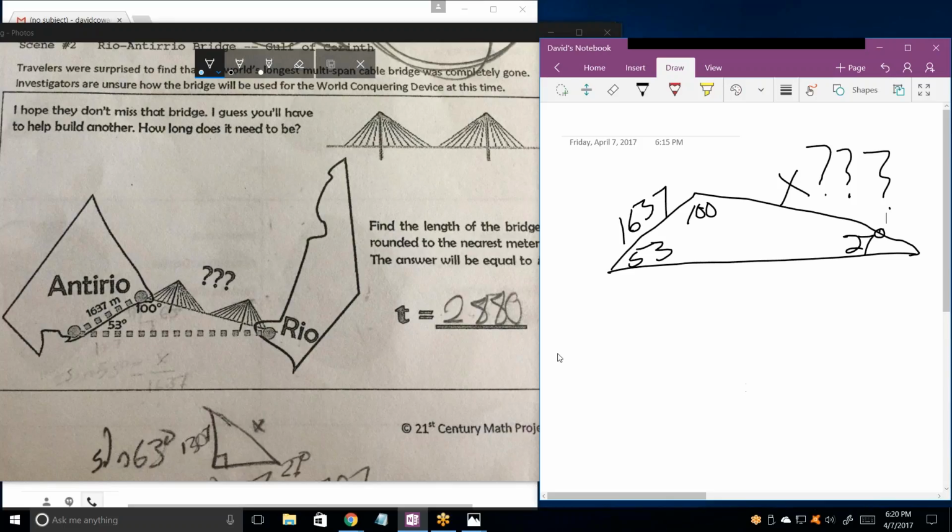I don't know if it's 2880. Did you do the math yet? Yeah, it came out to... Okay. So off by, so I rounded it. I did the math correctly. Yeah, I'm thinking that I might have gotten the final puzzle wrong because of the rounding.